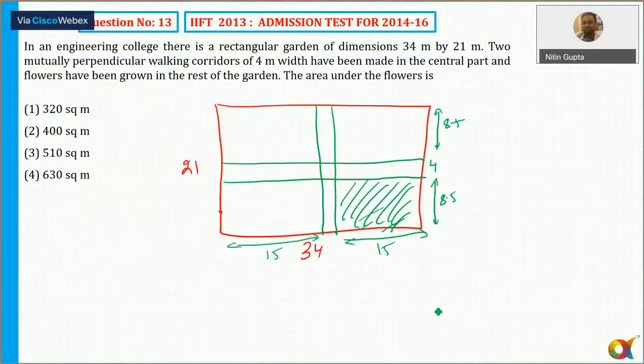So what is the area of one flower bed? And that is 4. So 15 into 34, the answer is option number 3. Another very, very easy question. So I hope that now it is clear.